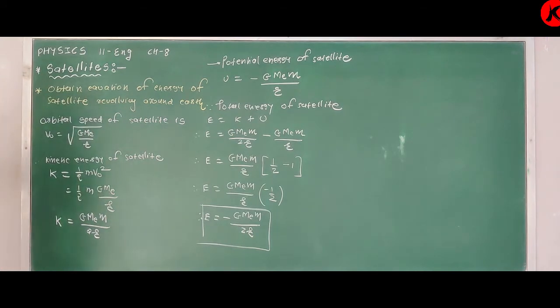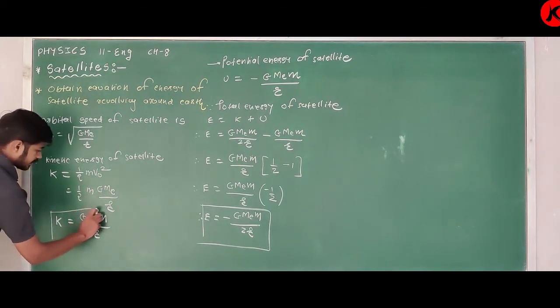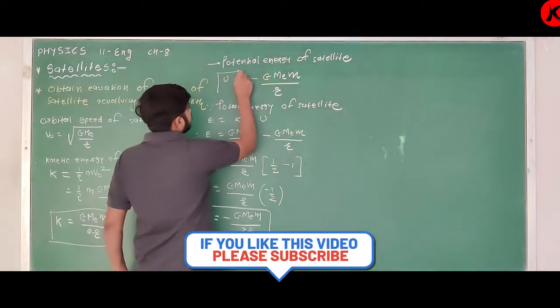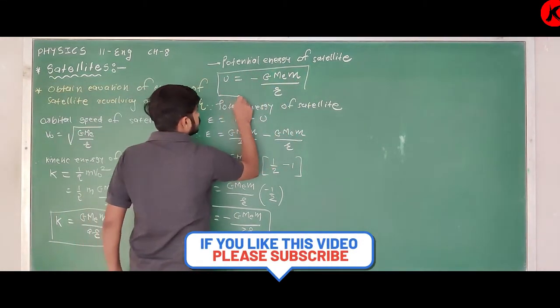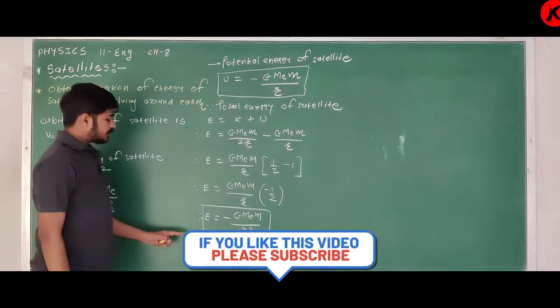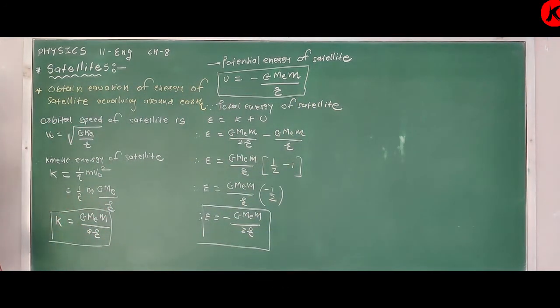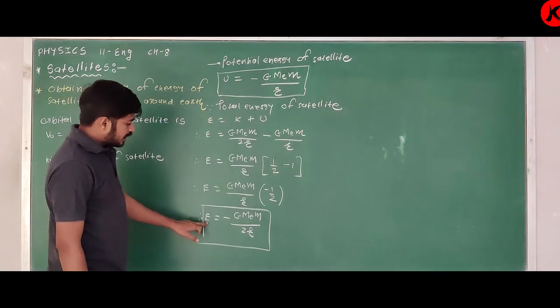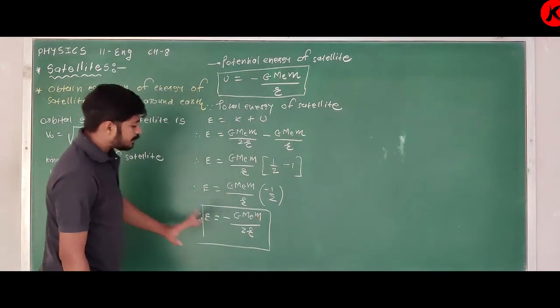Now see, it is kinetic energy of satellite, it is equation of potential energy, and it is equation of total energy. If you observe these three equations, kinetic energy is equal to G Me m upon 2r. Total energy is minus G Me m upon 2r.